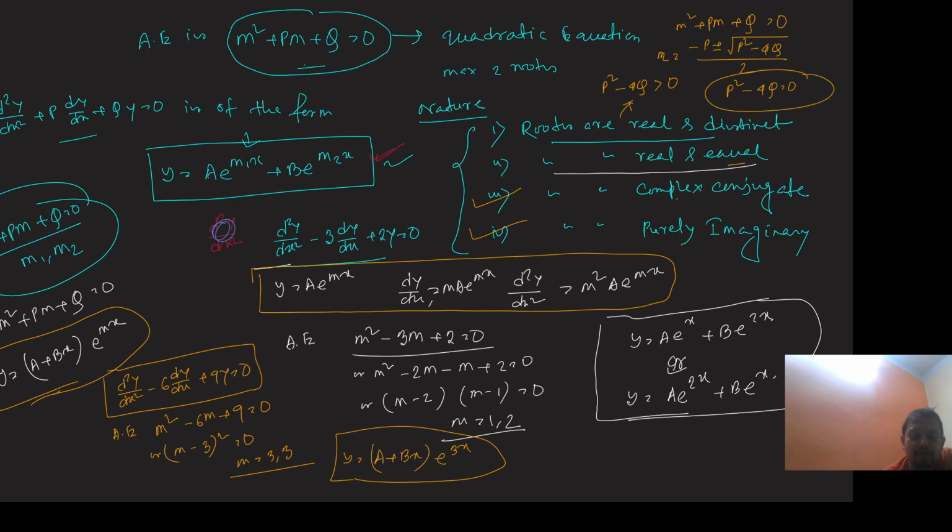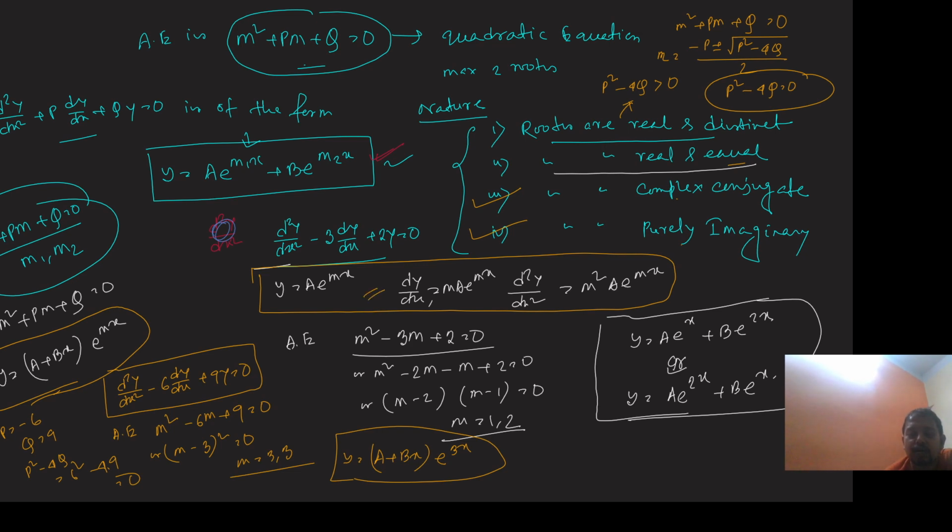See here, if you find p squared minus 4q for the equation d²y/dx² minus 6 dy/dx plus 9y, that is p is equal to minus 6, q is equal to 9. So p squared minus 4q will be 6 squared minus 4 into 9, that is 0.